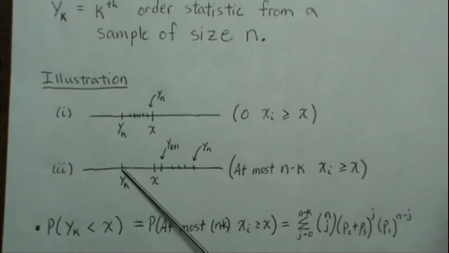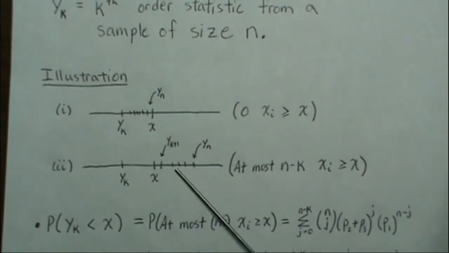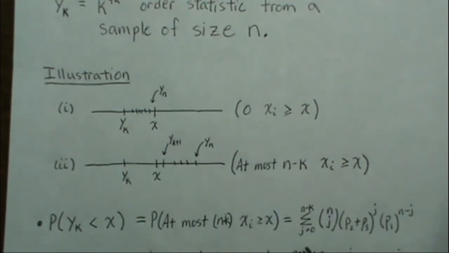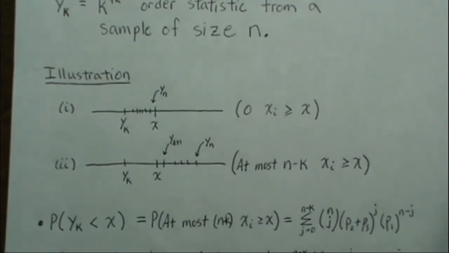And this silly illustration here is pretty key to understanding this probability. So, we've determined that it's a binomial with this parameter P2 plus P3, and we're summing from 0 to n minus k. And then 1 minus P2 plus P3 is P1. Okay, and you can do that on your own.